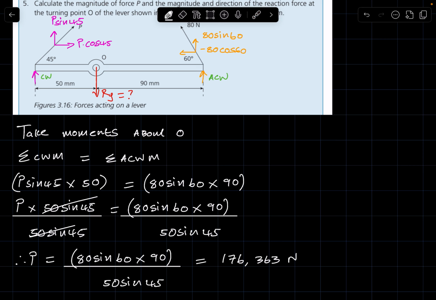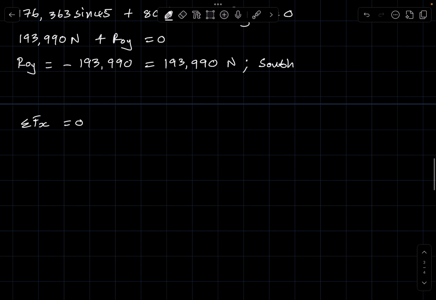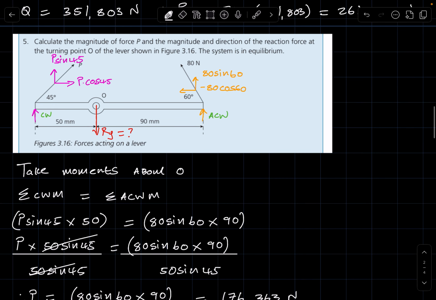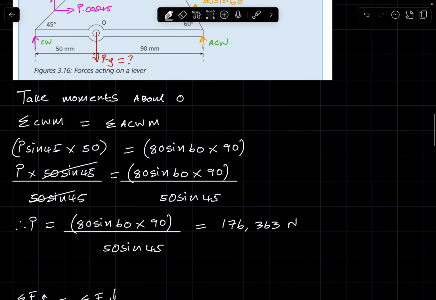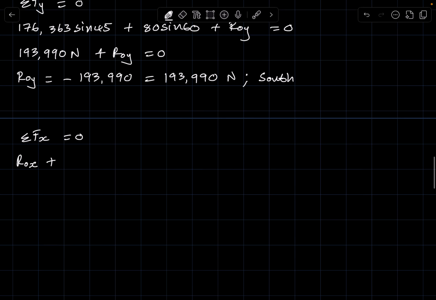At this point, we can simply add the forces acting in the x direction, or forces that are parallel with the x-axis. We know we are going to have RO in the x direction. And then this one is headed east, so it's positive P cos.